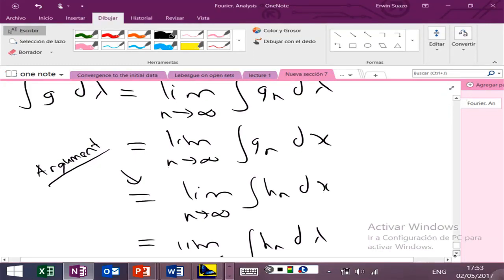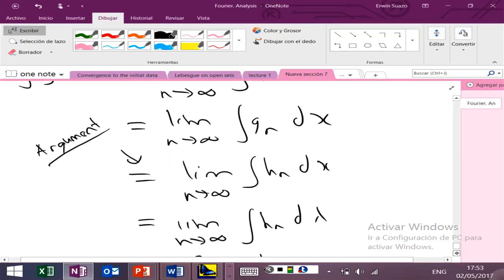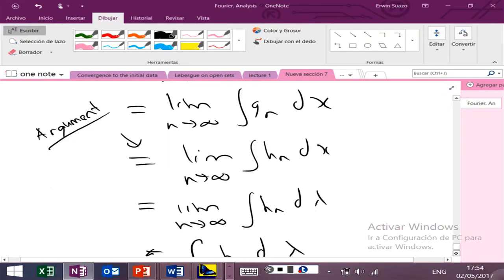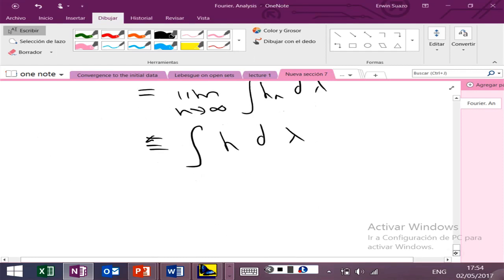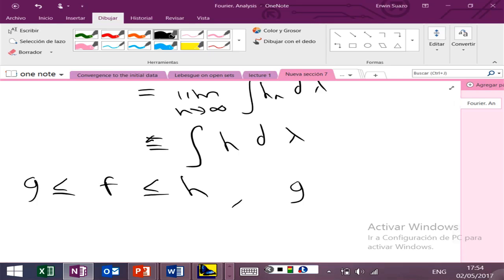But also we have that g is less or equal than f and less or equal than h. Remember, by the proof, who proved this? Sankei proved this, right?